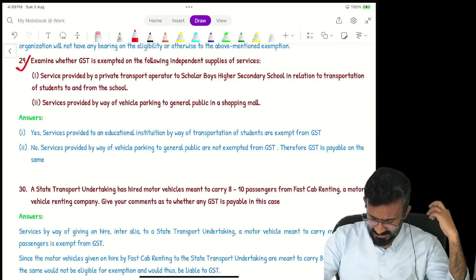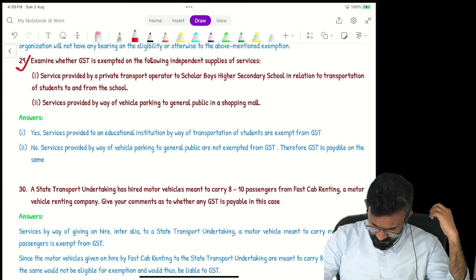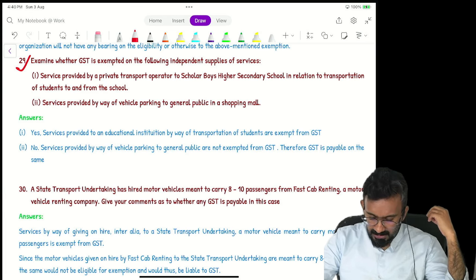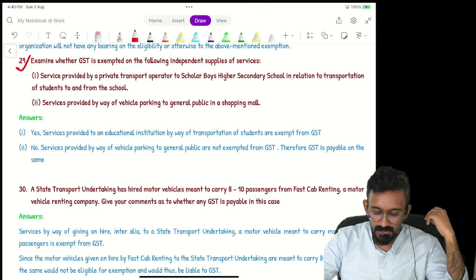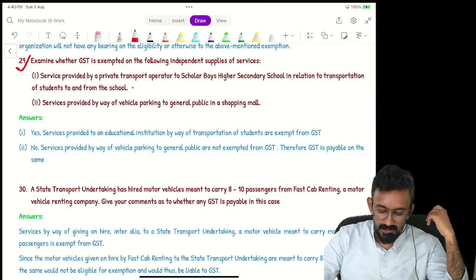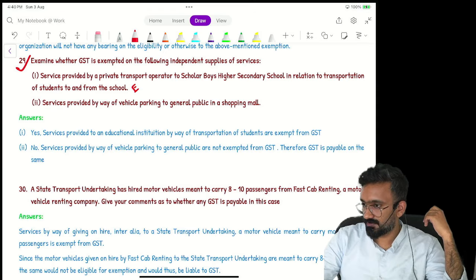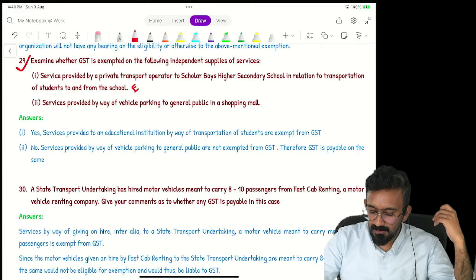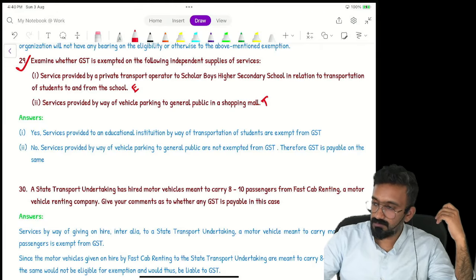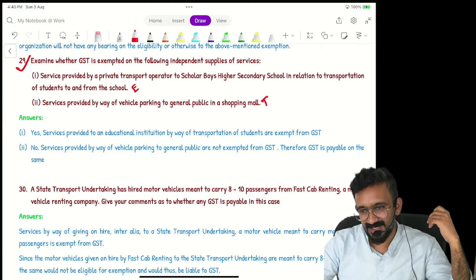Examine whether GST exemption is available from following independent cases. Service provided by private transport operator to Scholar Boys Higher Secondary School in relation to transportation of students to and from school. Exempt. Schools and transportation. Vehicle parking in general public. There is no exemption. So taxable.